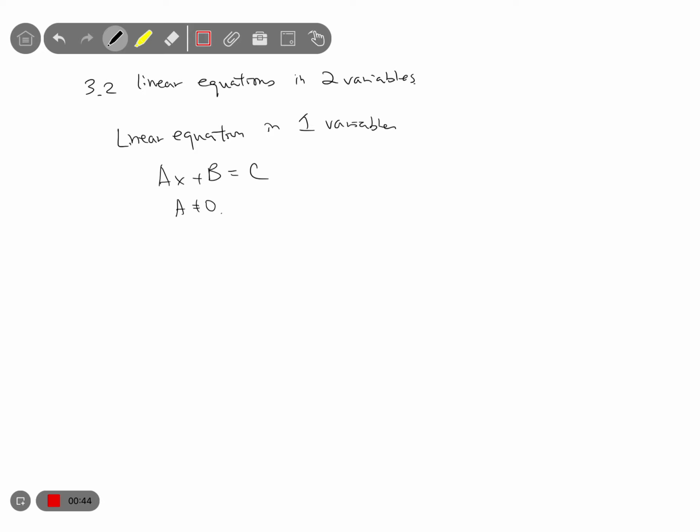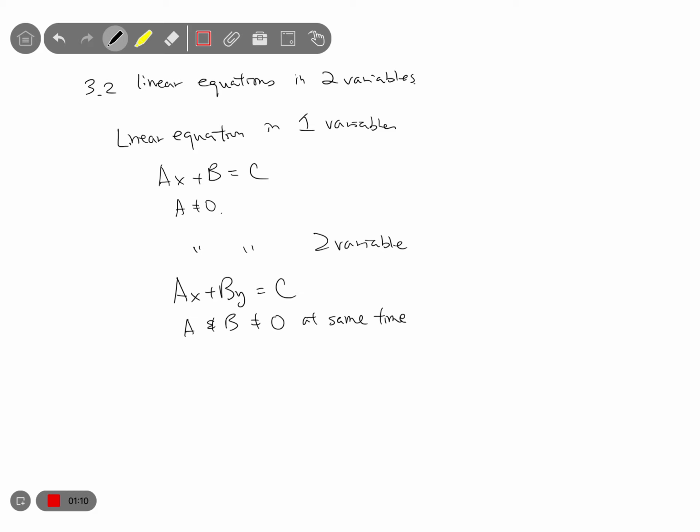When we upgrade it to two variables, all we're going to do is attach a y with a b instead. So instead of ax plus b, now we have ax plus by equals c. Again, a and b cannot both equal 0 at the same time.